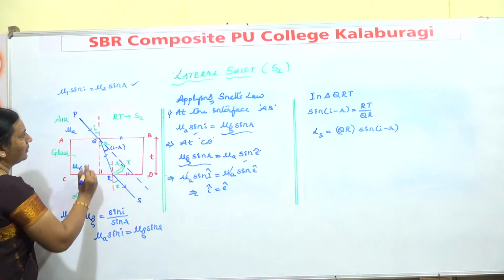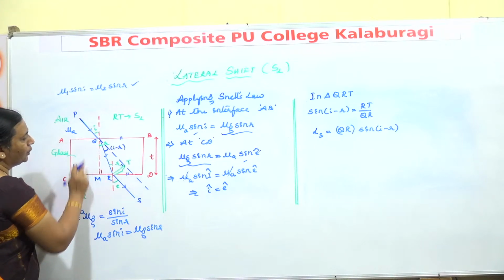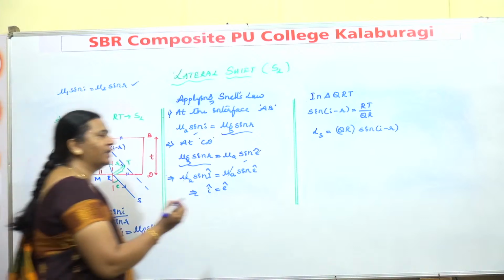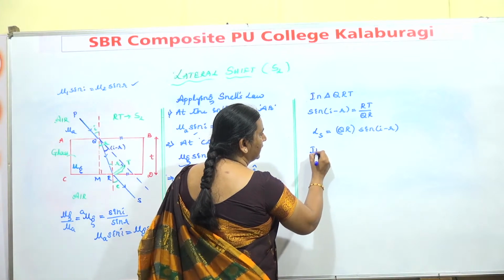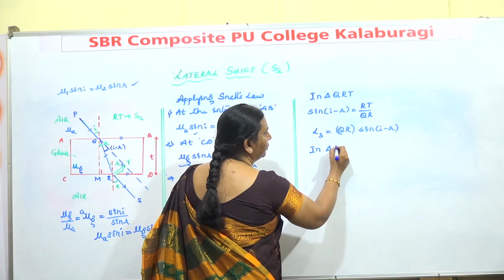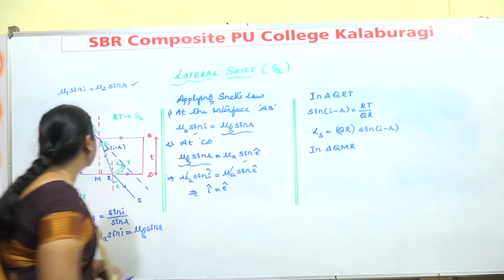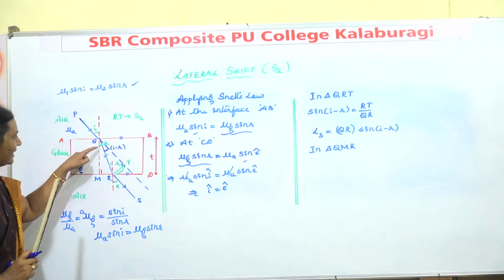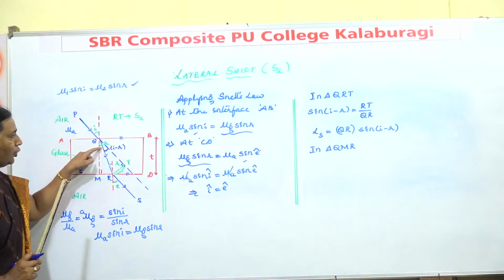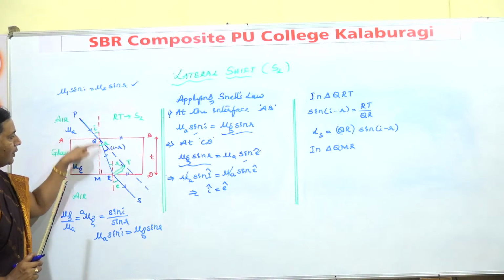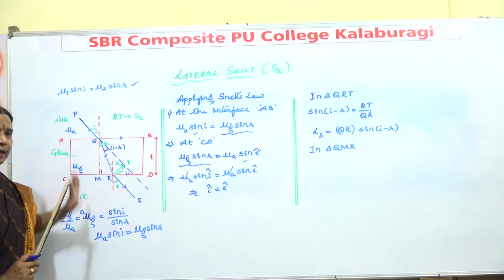For that sake, I am referring to the triangle QMR. So in triangle QMR, since this angle is r, the angle MQR is angle r.